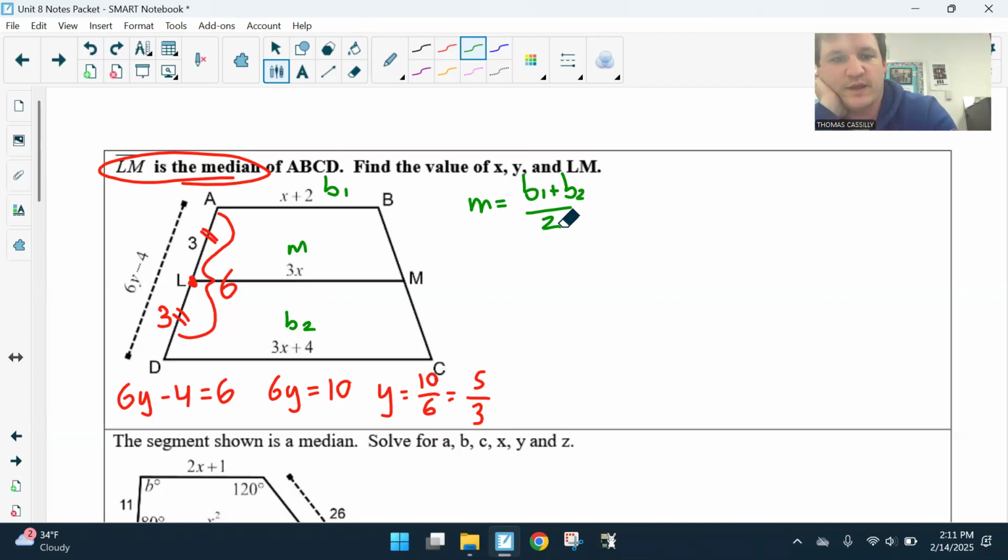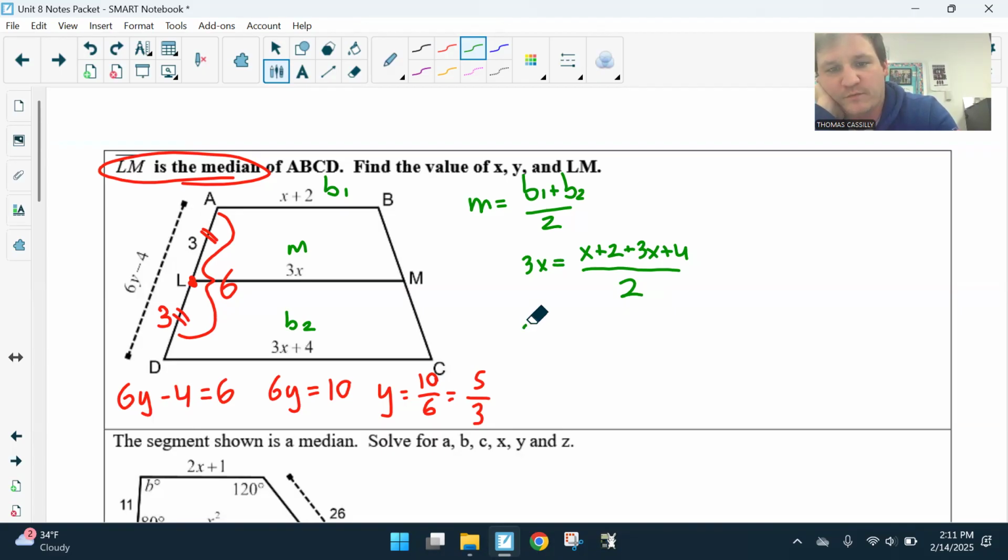We have 3x equals x plus 2 plus 3x plus 4, divided by 2. Easy enough.